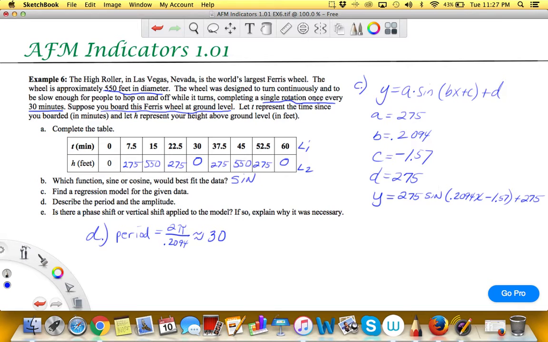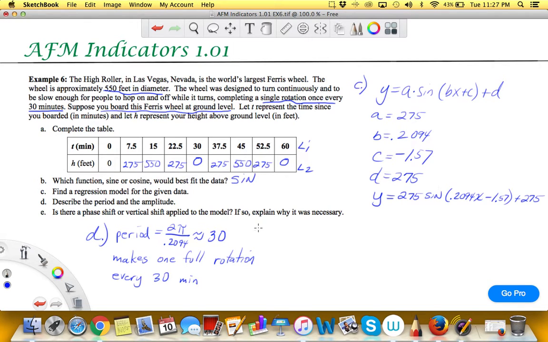It says a single rotation once every 30 minutes. So this 30 just represents that the Ferris wheel makes one full rotation. So the period says that it makes one full rotation every 30 minutes. That's what the period represents in this case.